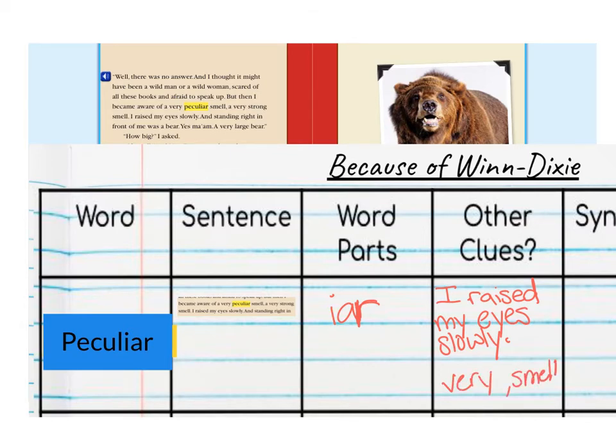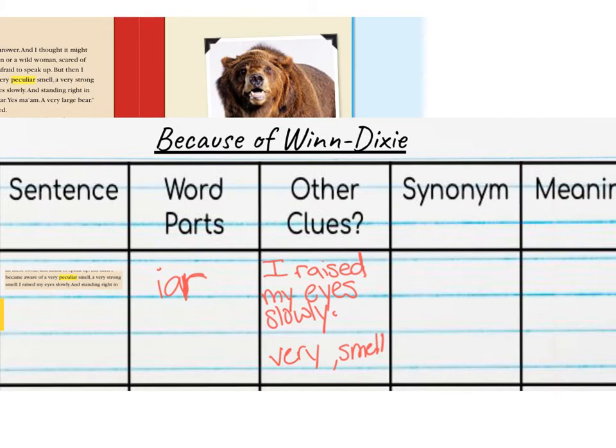These are all clues that can help me. Now I'm thinking about a synonym or a word that might mean the same. This is when I can plug it in and think about what makes sense. Well, a very something smell. It made the character raise their eyes slowly. So I'm thinking peculiar could mean strange. Let's plug it in and see if it makes sense.